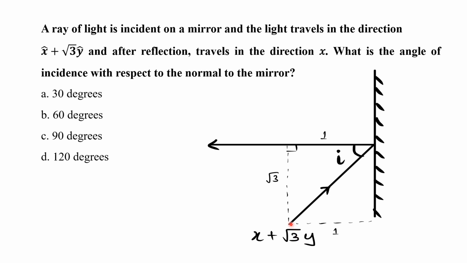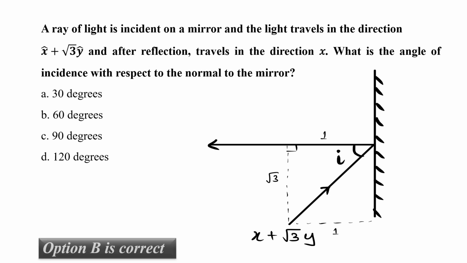If we compare, this is our 1 unit x and root 3 units y, and since these two lines are parallel, this imaginary line and this x-axis, tan i will be equal to root 3. So if tan i is root 3, i is equal to 60 degrees. So the correct answer is option B.